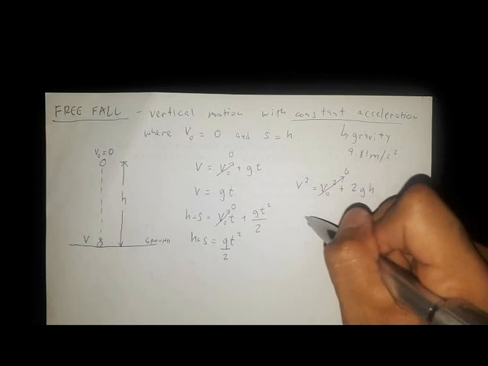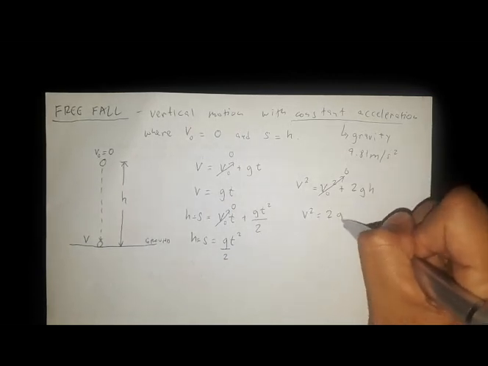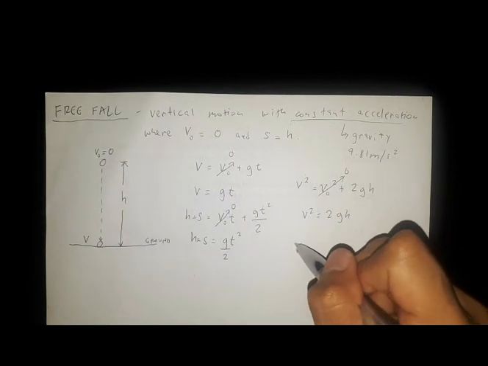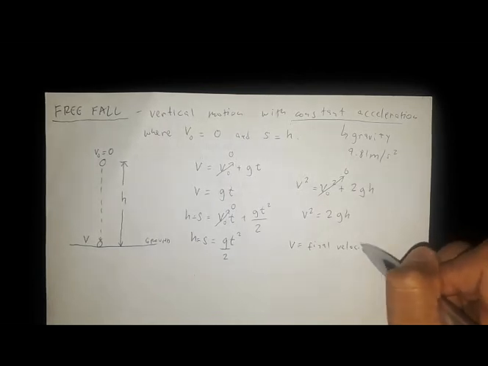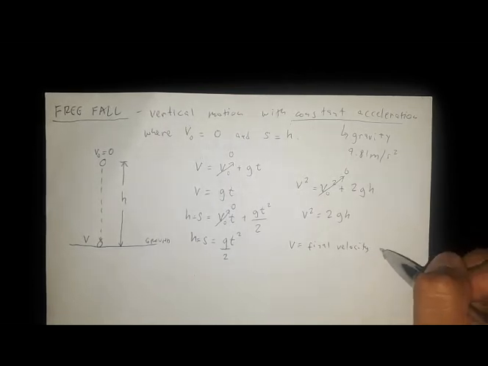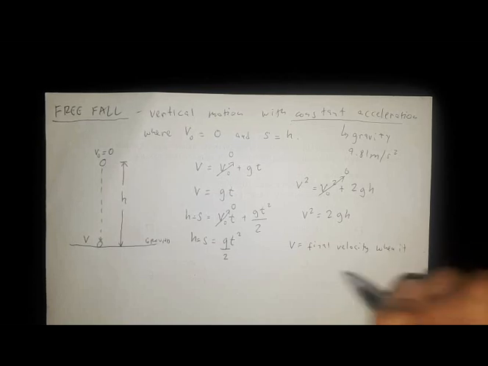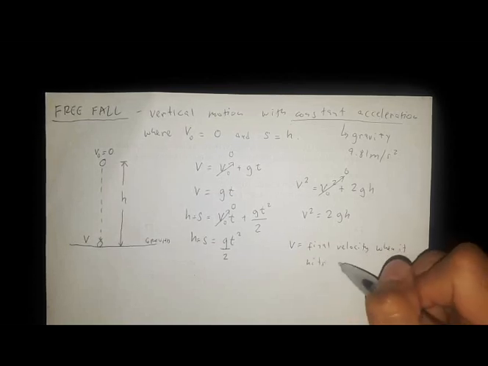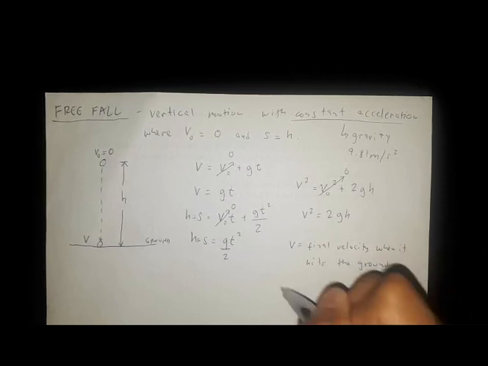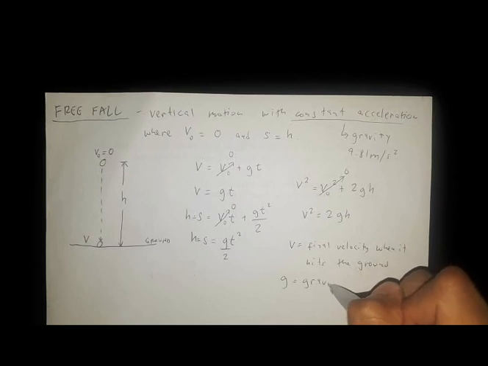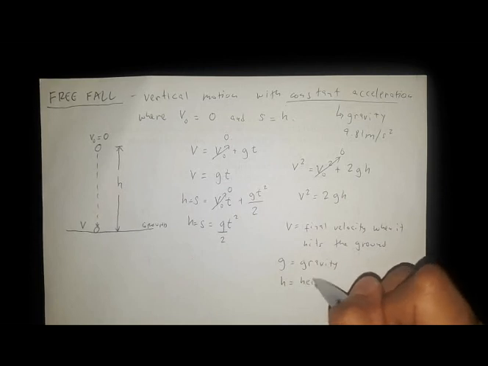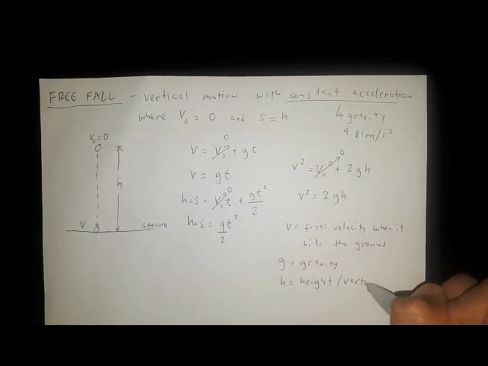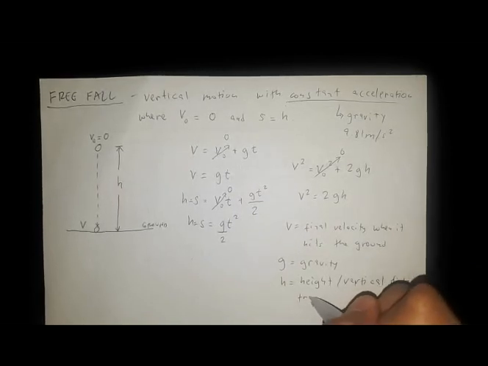So this is 0, and we have V squared equals 2gh, where V is the final velocity when it hits the ground, g is the gravity, and h is the height or the vertical distance traveled.